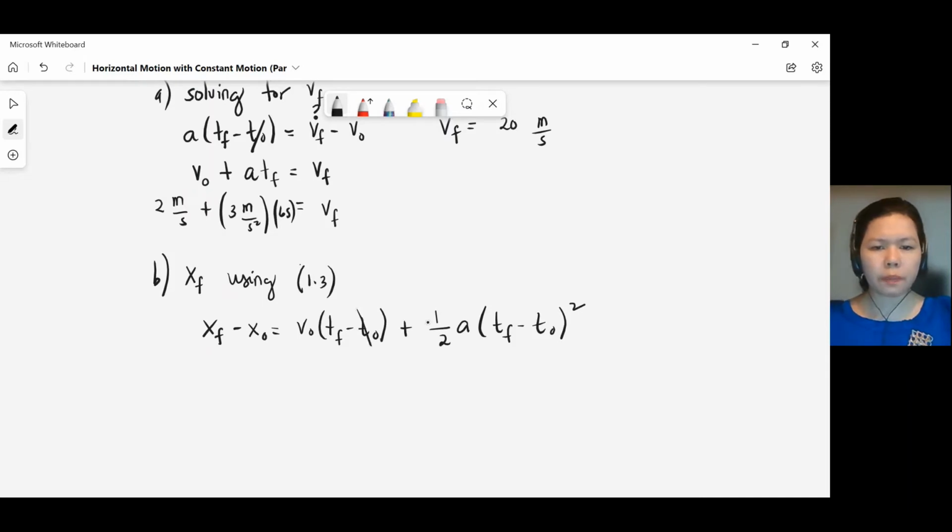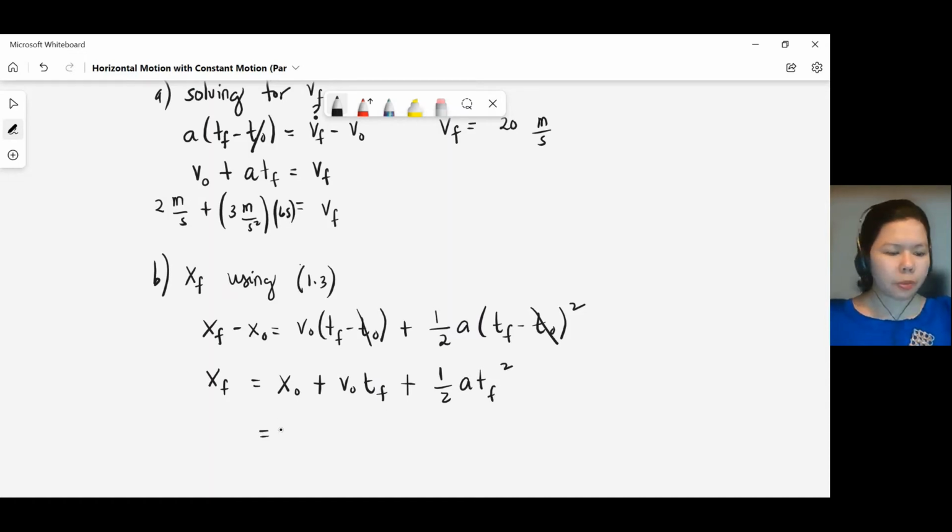I am dropping the T initial, which is equal to 0, and I'm writing x final equals, we transpose x naught to the right, minus x naught becomes plus x naught, plus we copy the rest of the terms, V naught Tf plus 1/2 A Tf squared. We now substitute the given.